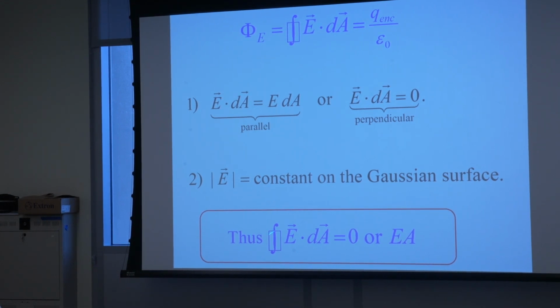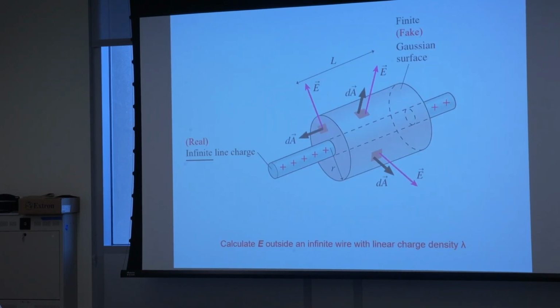So we're never going to have to integrate anything. This integral is always going to be 0 or EA, where A is the surface area. So there's never any integral. That's one key. The second key, which is sometimes a little challenging, but not usually, is to figure out what Q enclosed is.